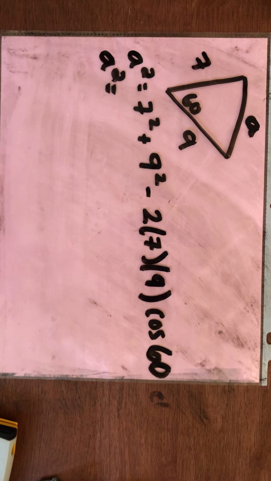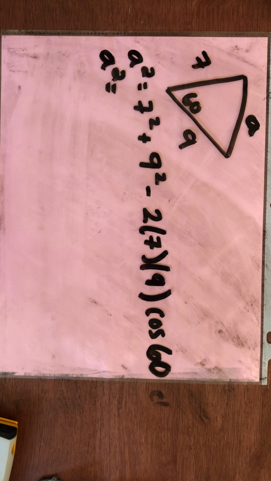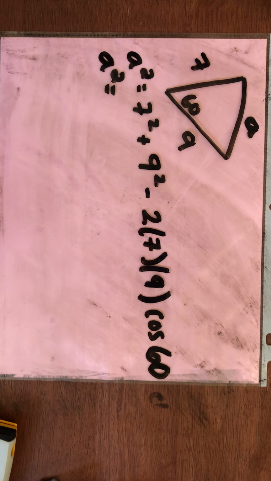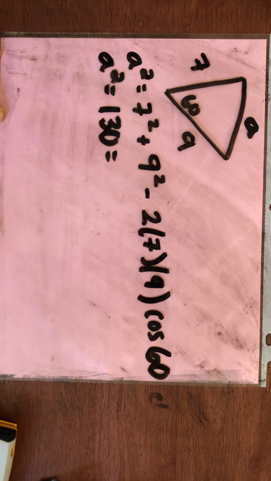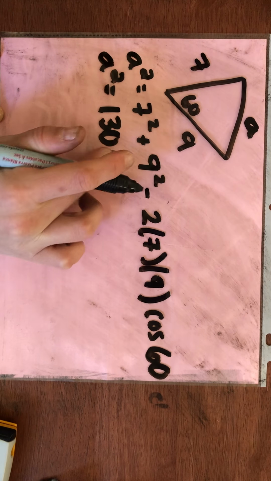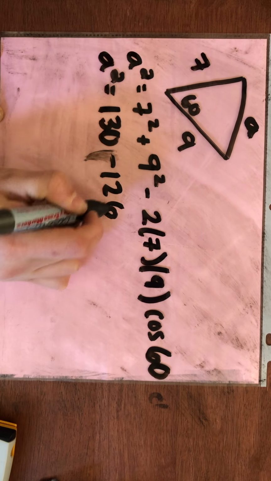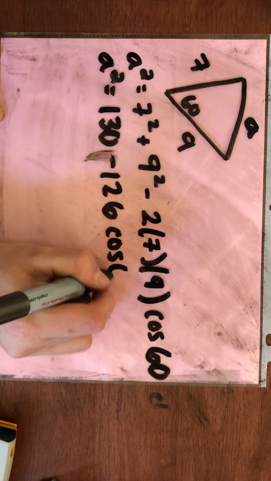Well, 7 squared plus 9 squared is 49 plus 81. We get 130 minus 2 times 7 times 9, which is 126, cosine of 60.